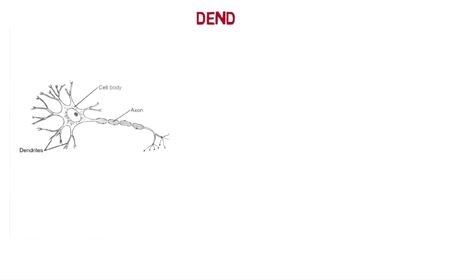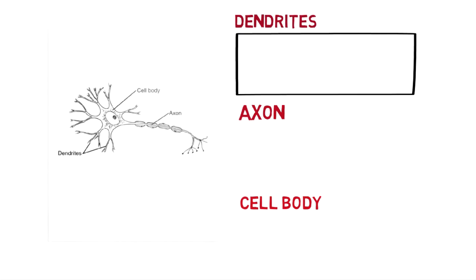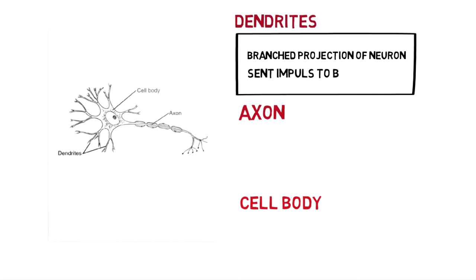First things first, I want to tell you that human neural cells can be simplified and divided into three parts, such as dendrite, axon, and cell body. Each of them has its own function. The dendrite has branched projections of the neuron and sends impulses to the cell body.